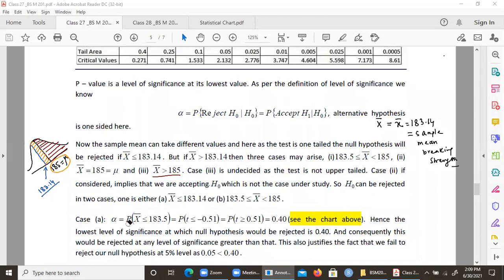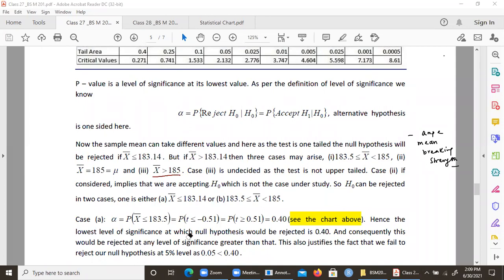Now, alpha is the probability that sample mean is falling below 183.14. Why am I rejecting it? I am rejecting because it is falling below 183.14. Sorry, it is a printing mistake. Again and again, it has happened.